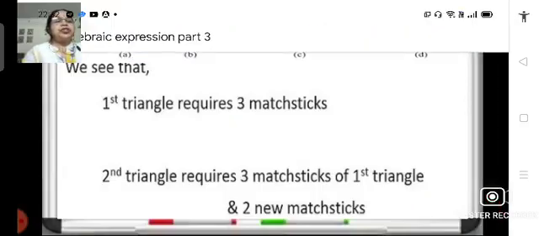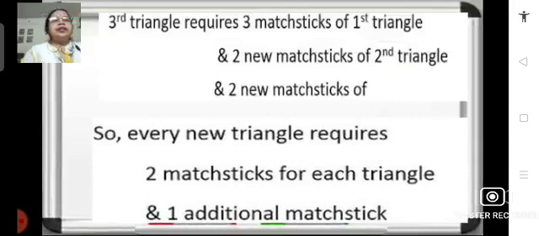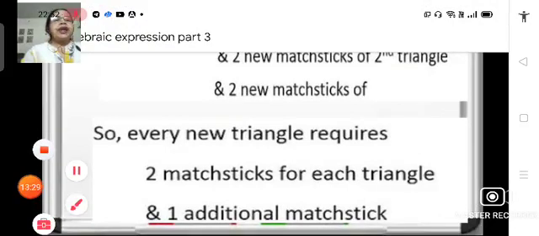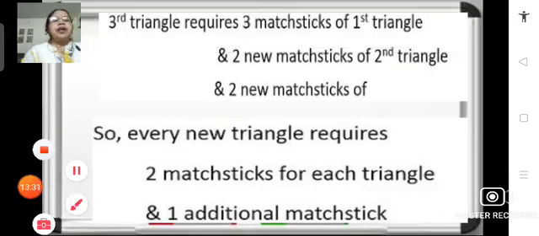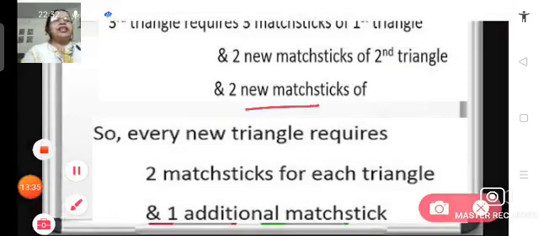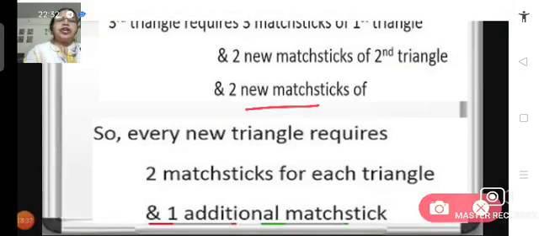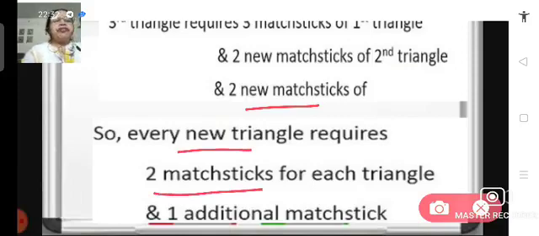Then the third triangle requires 3 matchsticks of the first triangle plus 2 matchsticks of the second triangle plus 2 matchsticks of the third triangle. So, every new triangle requires 2 matchsticks, plus 1 additional matchstick.